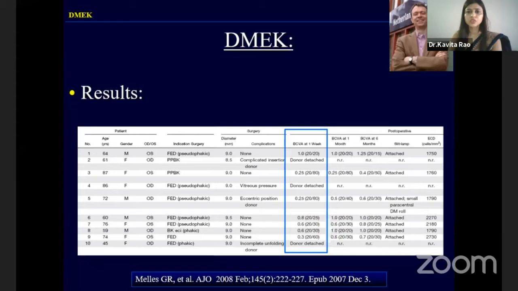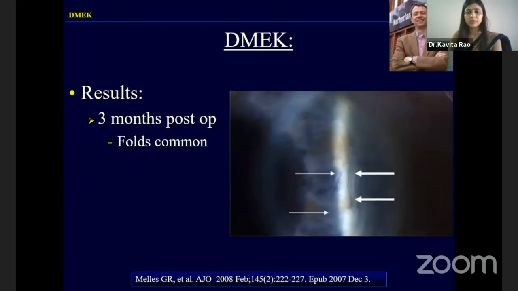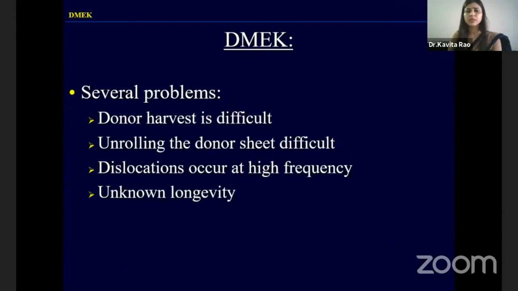If you see, the visual acuity is pretty good at 1 week for almost all of them. And also at 6 months, he had good visual acuity, but he found folds at 3 months. He concluded in 2008 that we don't know about longevity, and dislocations are definitely occurring at a higher frequency.